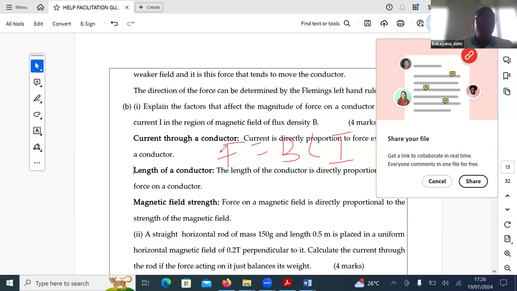Is that okay? So let's consider a magnetic field and a conductor.